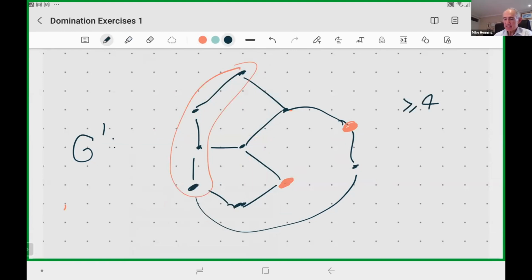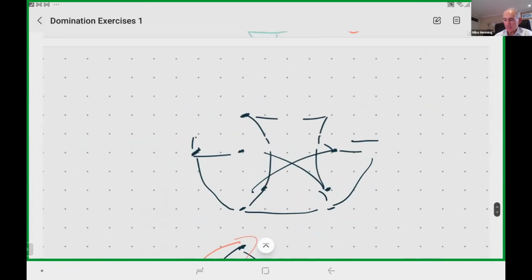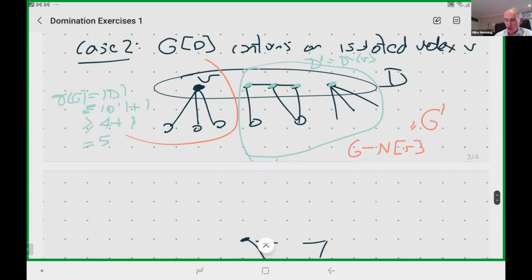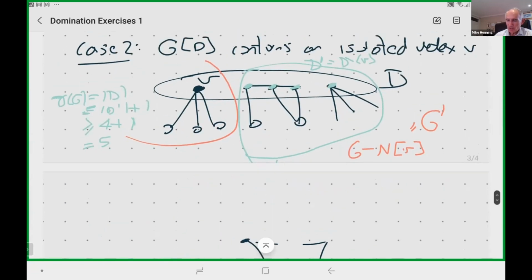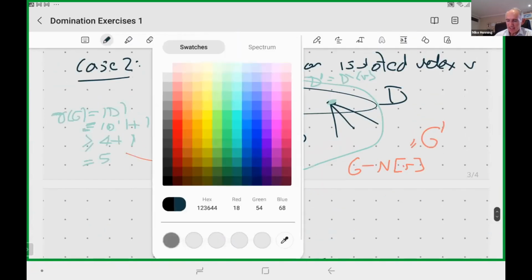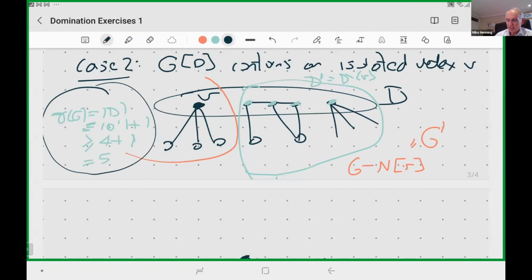And then that means that going back to what we did originally, your domination number is D prime plus 1. If D prime is at least 4, then you show that you need at least 5.